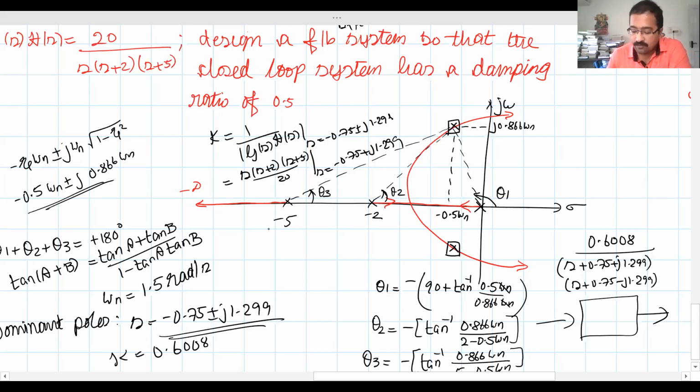The accuracy of your answer depends upon the assumptions that you make and their validity. You can see here that when you consider these two dominant poles, the third pole will keep moving. The third pole will be somewhere here, far apart, so it should work here. So this will be the system. Now let us try one more example.